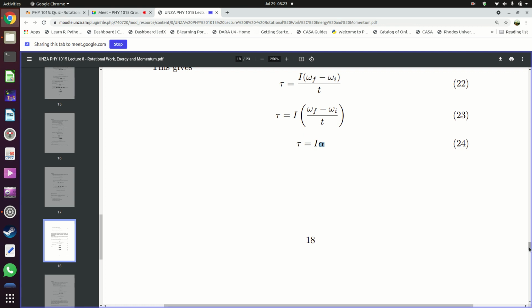Are we clear? Torque causes angular acceleration. Torque is equal to moment of inertia multiplied by angular acceleration. So if there is a torque present, this torque is going to cause angular acceleration. Basically, there's going to be an increase in the angular velocity of this particular object, or a reduction in the angular velocity of this particular object.